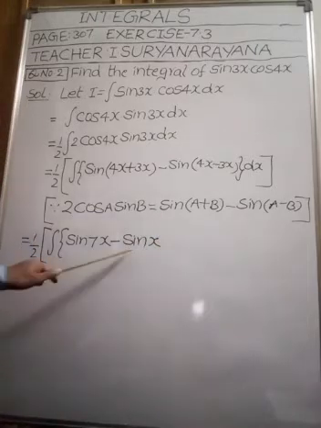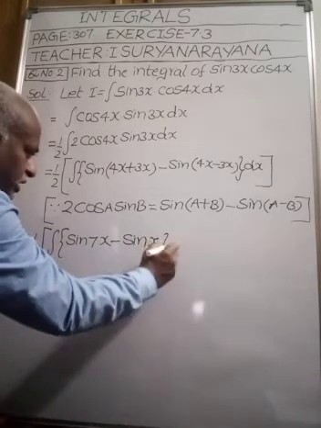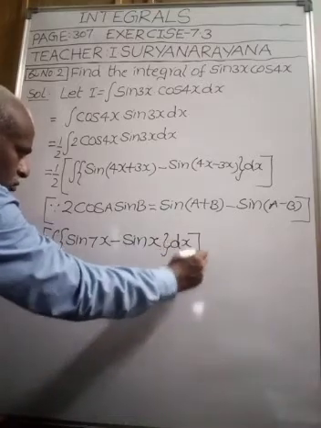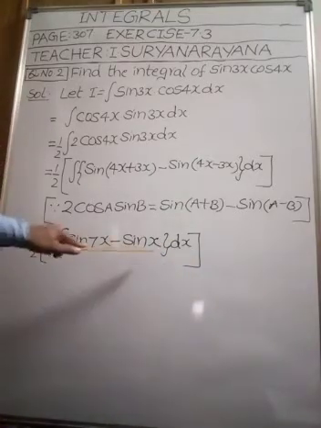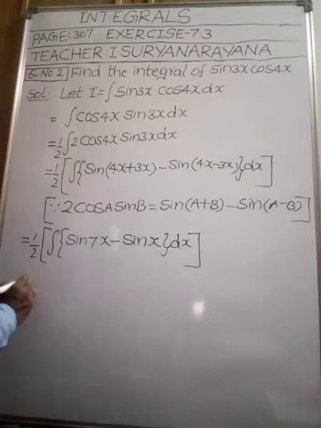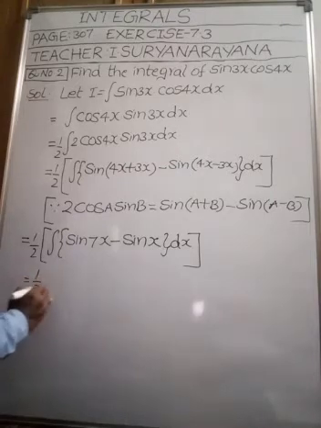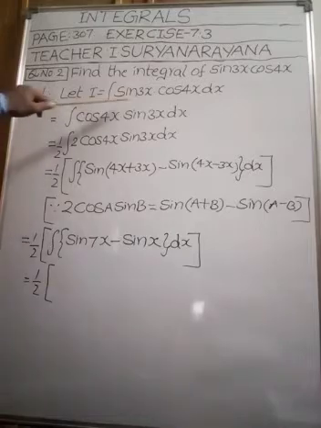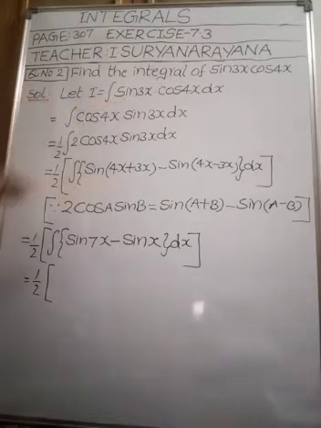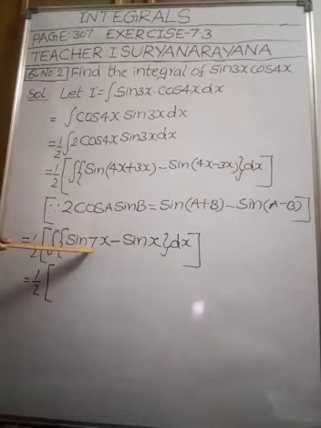Understood the second term, my children? Right. Whole dx. Understood this step, my children? Right. That is equal to 1 by 2 of, we converted this trigonometric function into comfortable trigonometric functions. Okay, my children.